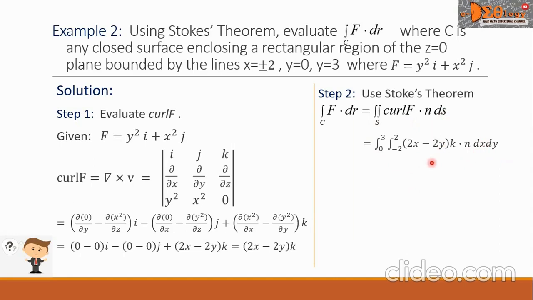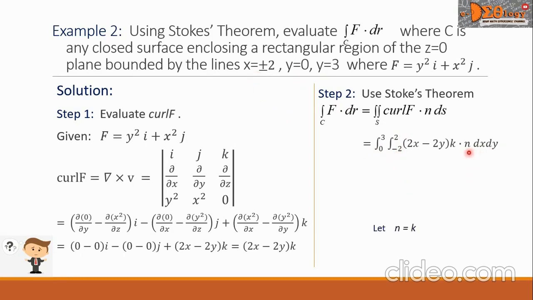For the limits of integration, the first integral has limits from 0 to 3, and this is with respect to y. The second integral has limits from negative 2 to positive 2, and this is with respect to the values of x in here. Of course, this is with respect to dx.